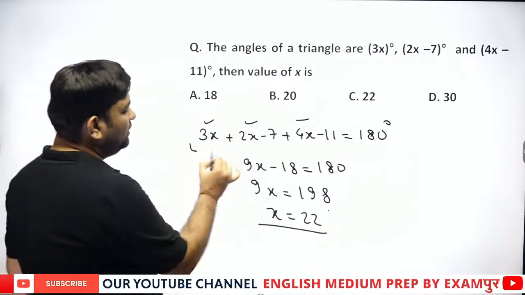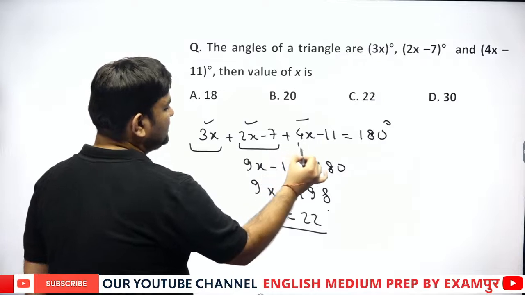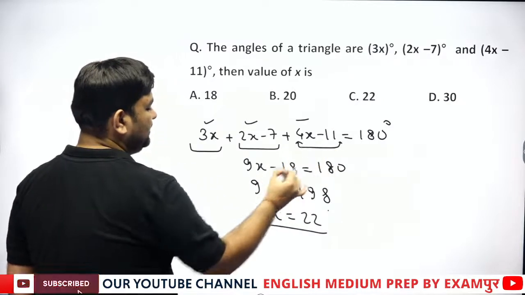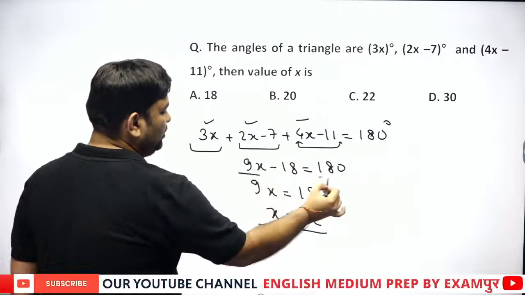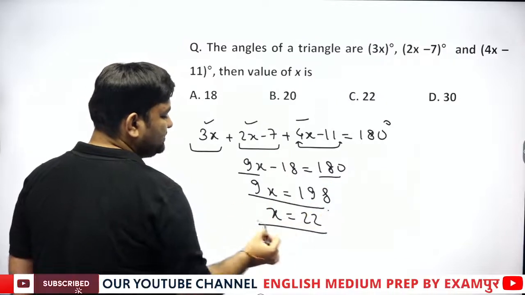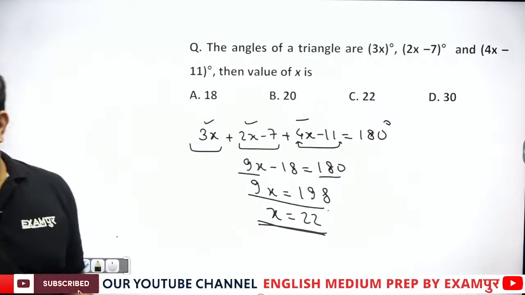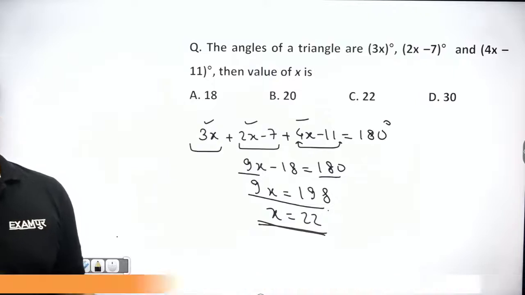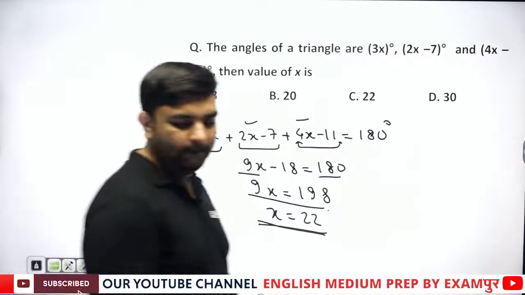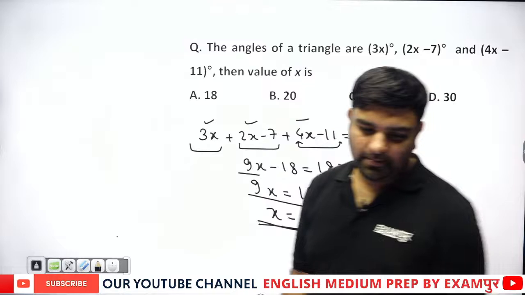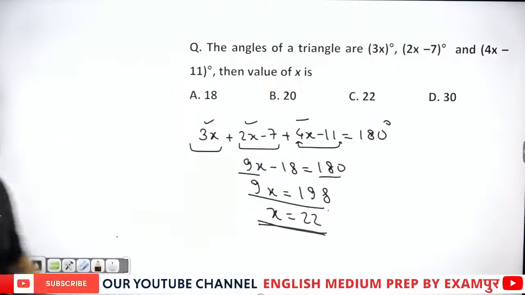This is one angle, this is another angle, and this is another angle, equal to 180. 9x minus 18 is equal to 180. 9x is 198. x is 22 degrees. You made me cross-check.